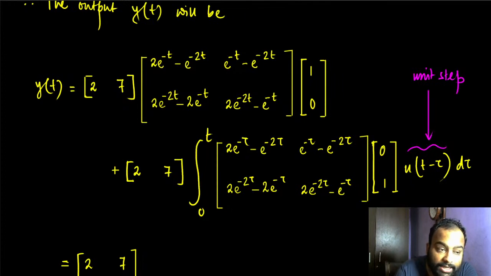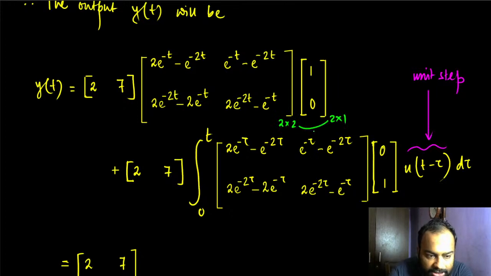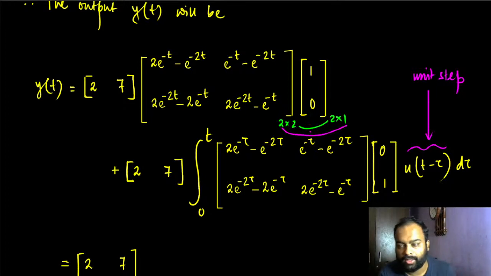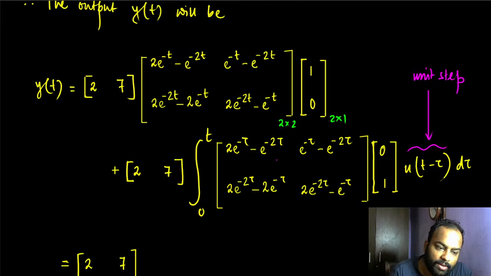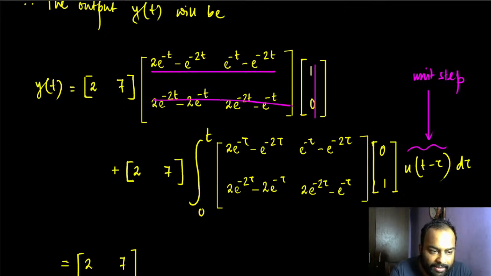Notice the dimensions here. This is a 2 by 2 matrix and this is a 2 by 1 matrix. Multiplication is possible because these two are the same and the resulting dimension is 2 by 1. Okay, you understand the dimensions, right? So the result will be 2 by 1.